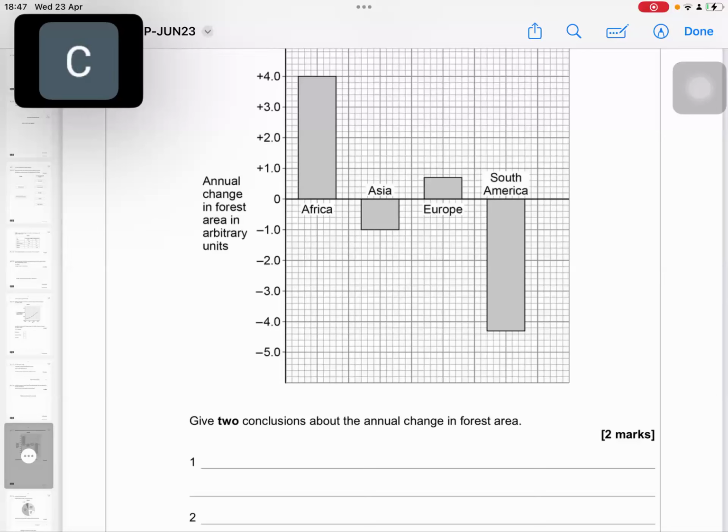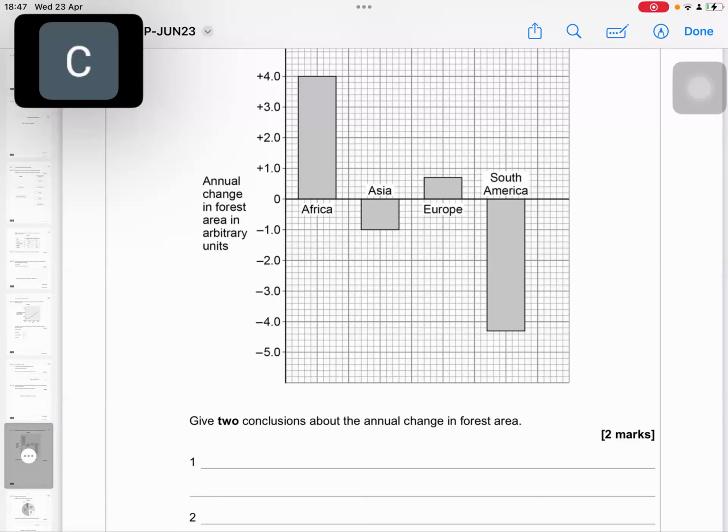Whereas for Europe and Africa, there's an increase, but a higher increase in Africa than in Europe. Most likely, again, because more areas in Africa would still be populated by animals, and these animals help to propagate those plants.